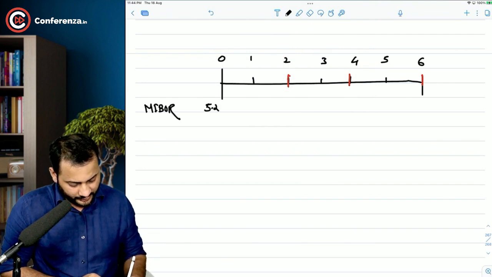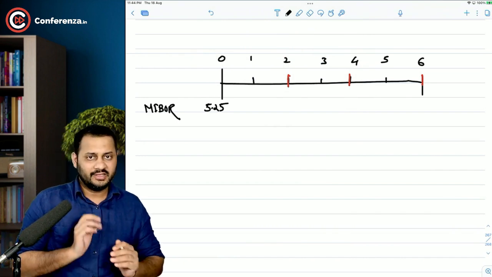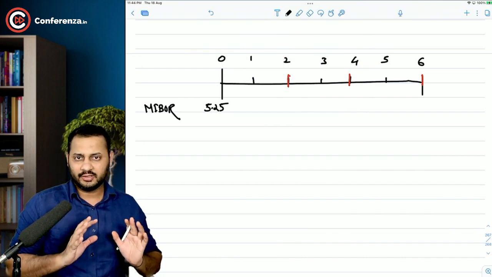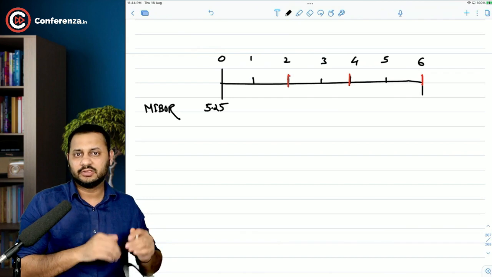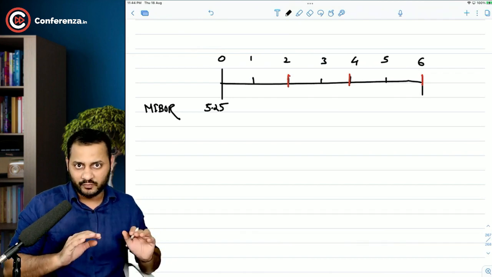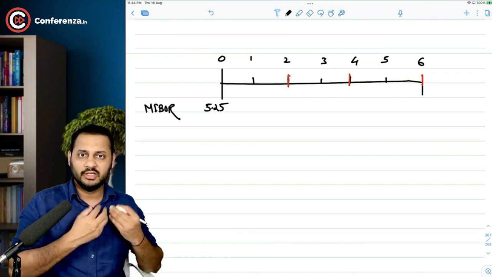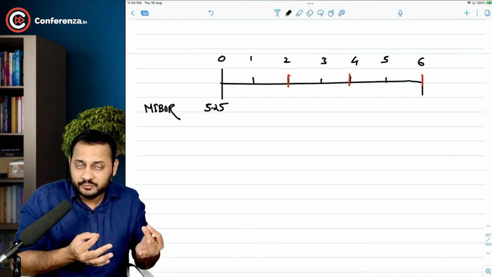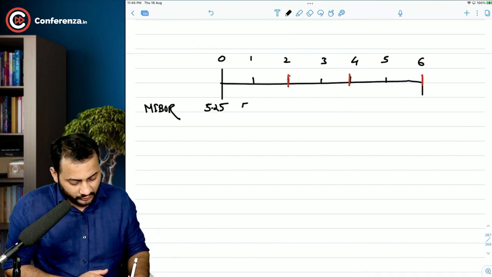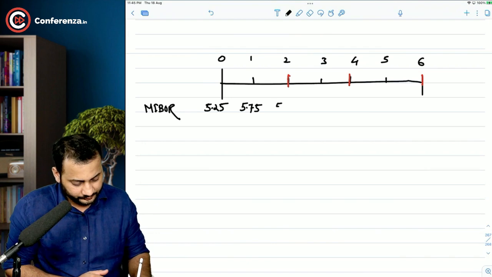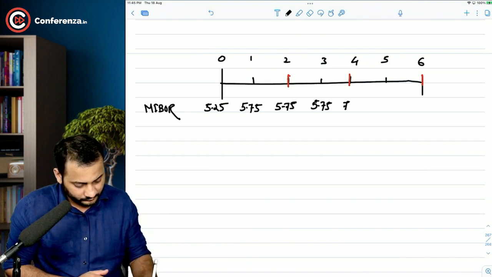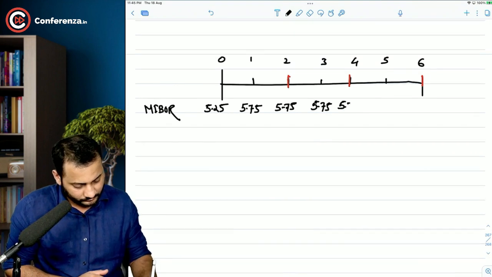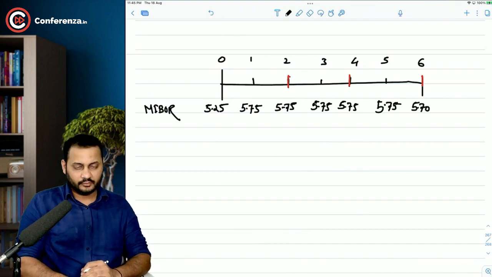MIBOR is 5.25 today, and we said that right now the political crisis is going on, and after 6 months the political crisis is expected to get over, and at that time the MIBOR will change, and it actually changed in the second part of the question to 5.75. Got it?